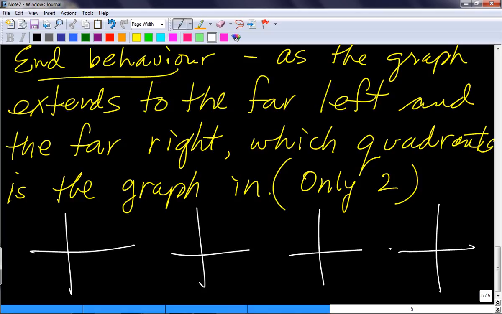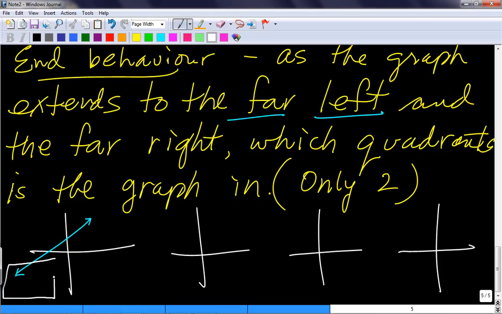Okay, so these are different coordinate planes here, and I'm going to draw you some graphs. A linear graph, okay, this is a line that would extend forever in the left direction and forever in the right direction. To the far left, if we go over here to this graph, and I look at the far left, it extends into which quadrant?